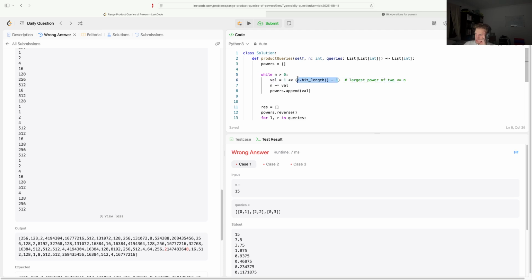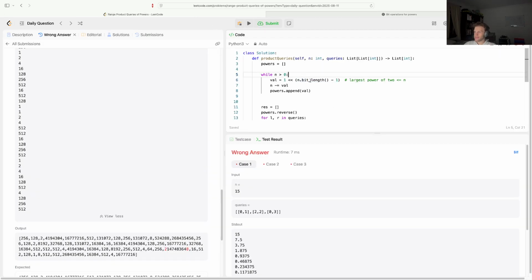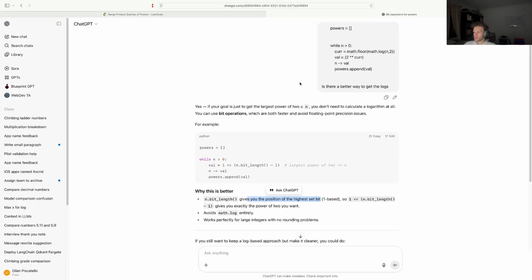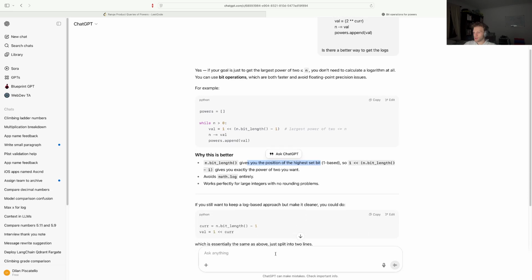So the bit length is like, what is bit length? I don't even know. What is dot bit length? It gives you the position of the highest set bit. Okay, so like the 10th position, and then minus one. Why the minus one?